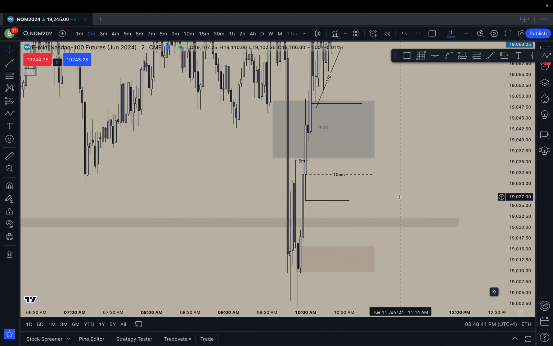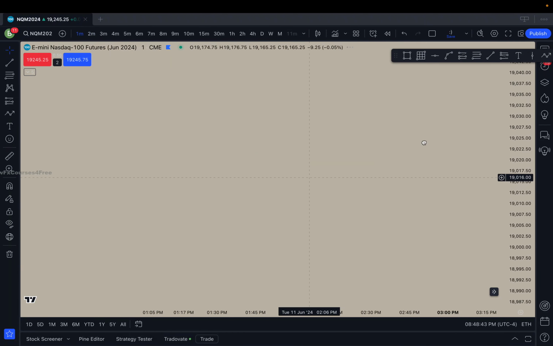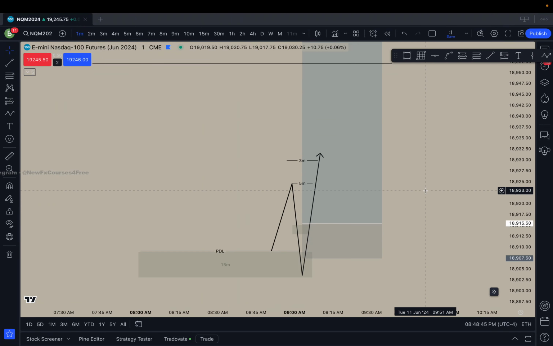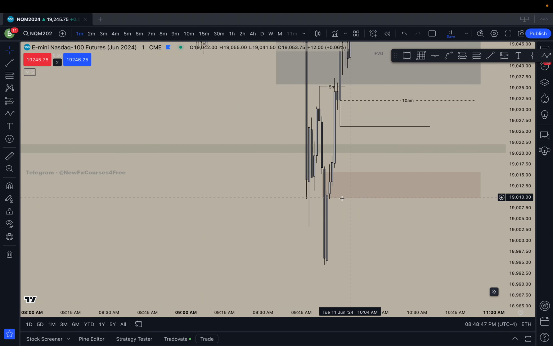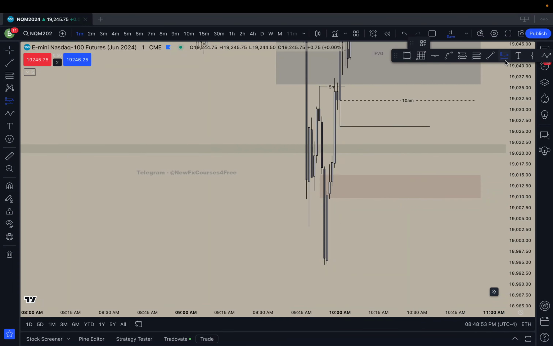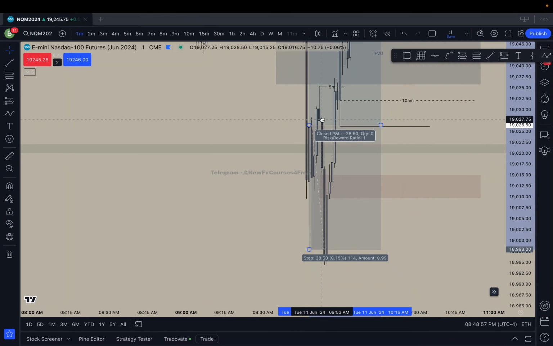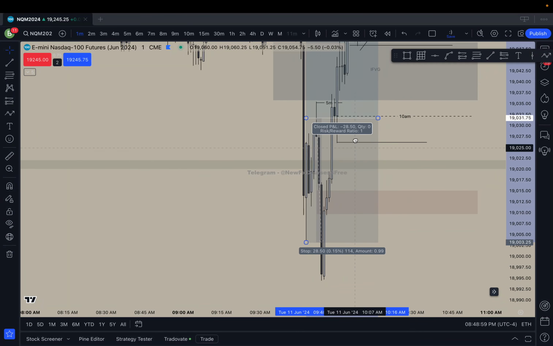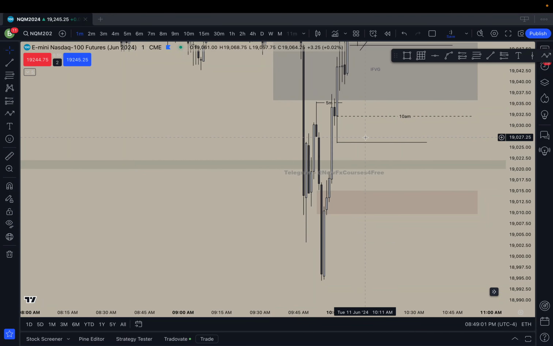And this lower one right here was literally just an example. Like, if let's say there was no fair value gap here, then yeah. But obviously this wasn't valid because the inversion happened and we took the internal high, so you can't take this.